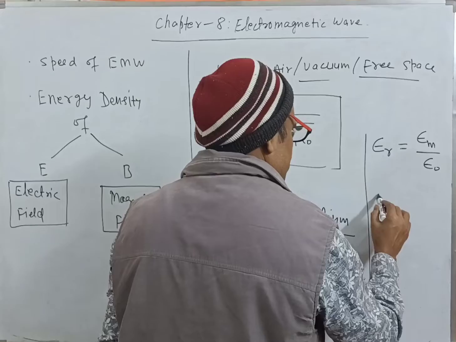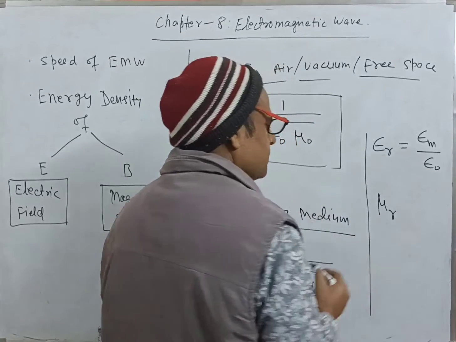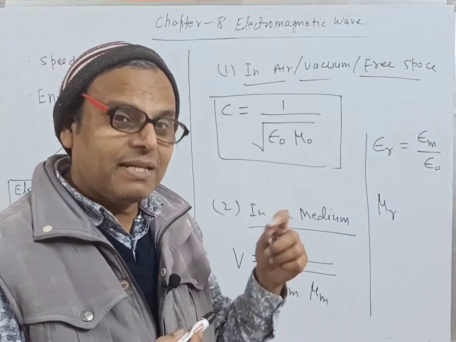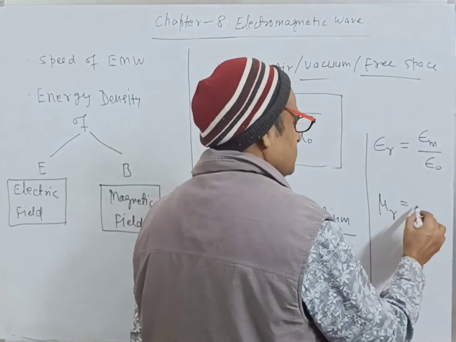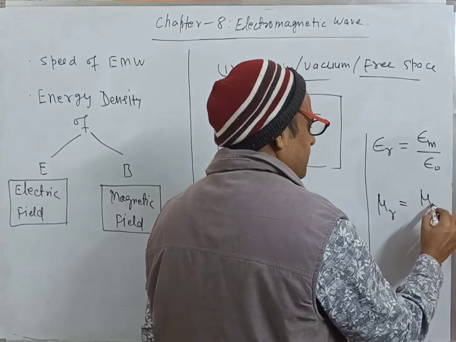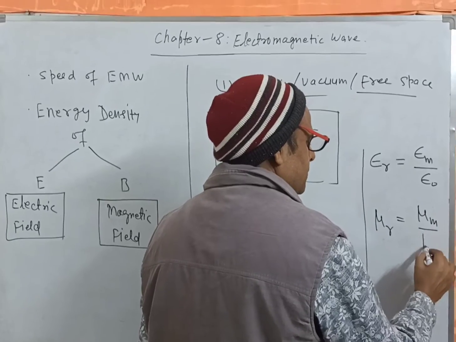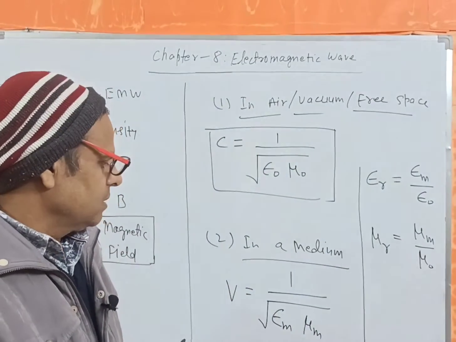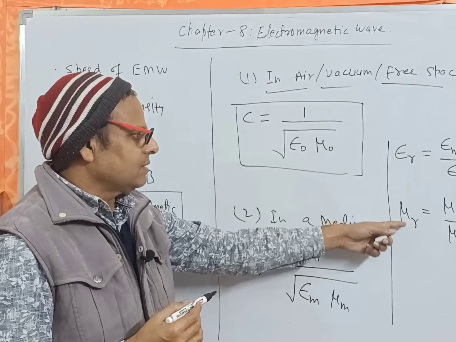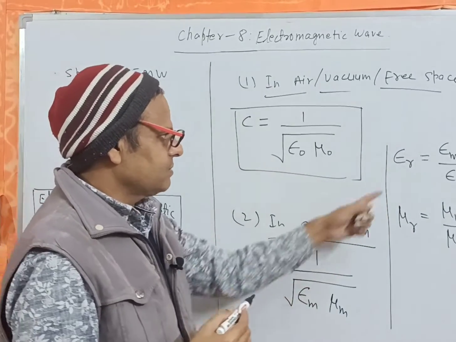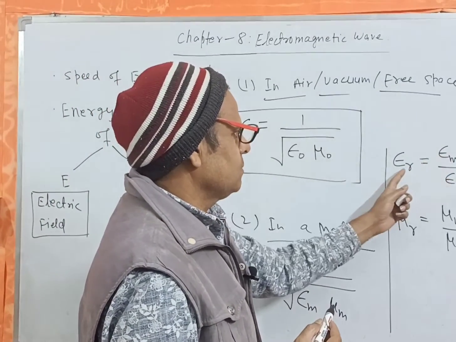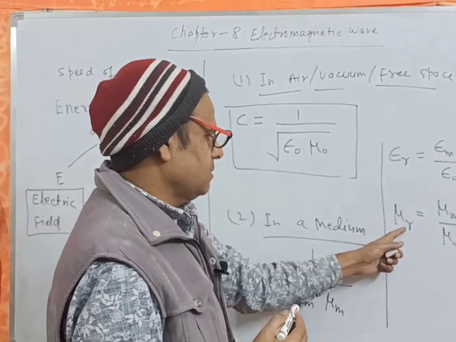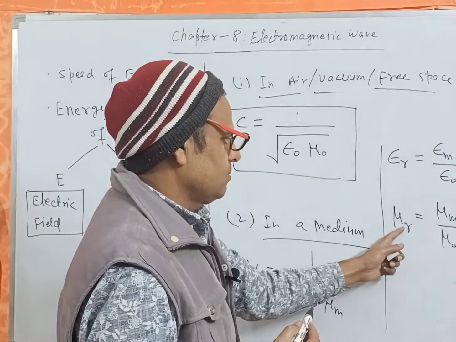Now, mu r, the relative permeability of the medium, is equal to permeability of the medium divided by permeability of free space. You can write epsilon m is equal to epsilon r into epsilon naught, and similarly mu m is equal to mu r into mu naught.